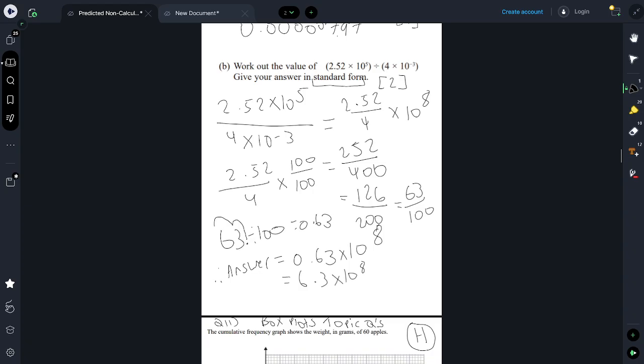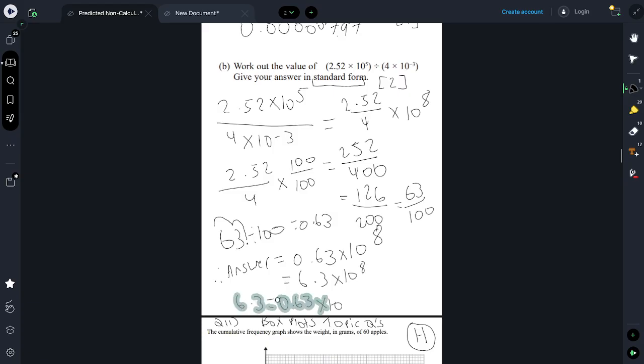But to get from 6.3 to 0.63, we're going to have to move the decimal point by 1. So 6.3. This is a really tricky question, actually, for non-calculator. 6.3, well, that's 0.63 to get, but we're going to have to times, oh, hang on.